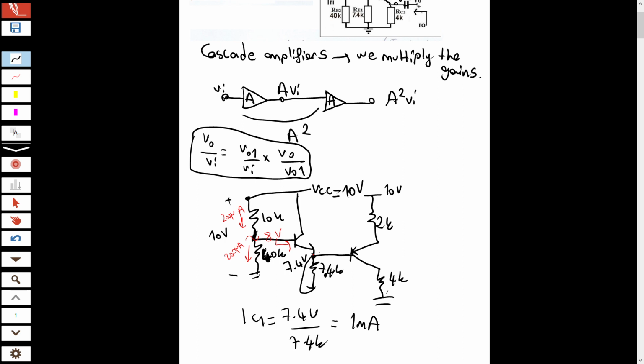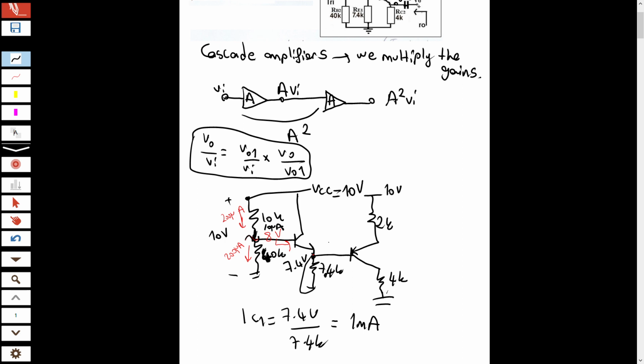Generally we cannot ignore it, but in this question we are told to ignore it, because nothing else is given. If IC1 is 1 milliampere and beta is 100, then 1 milliampere divided by 100 is 10 microampere, and it is small compared to 200 microampere. You can say approximately this is 8 volt. So our approximation is true.